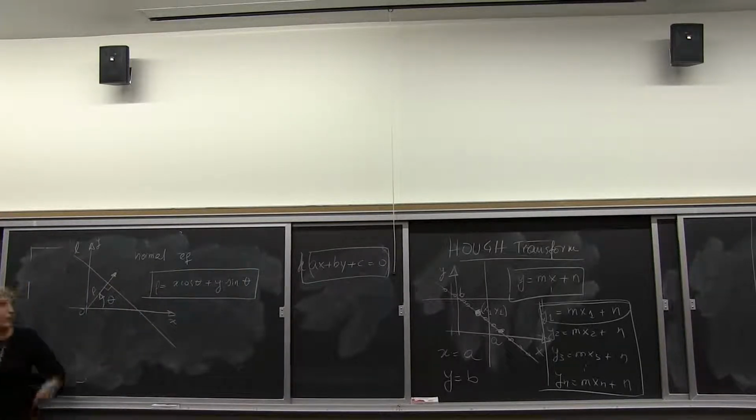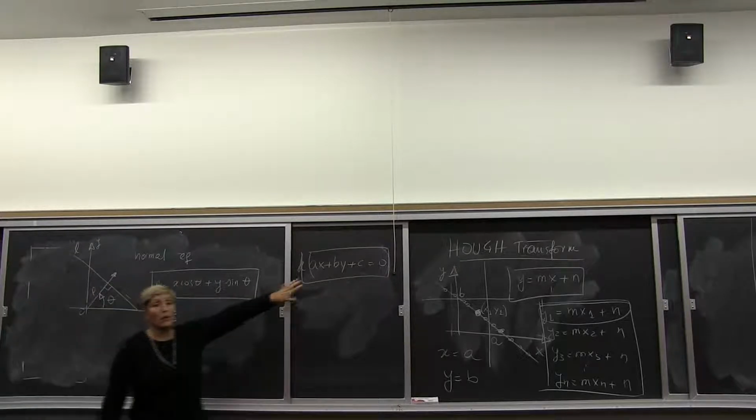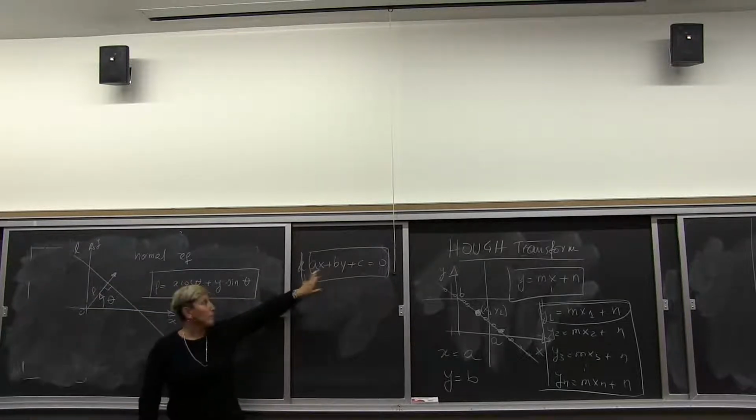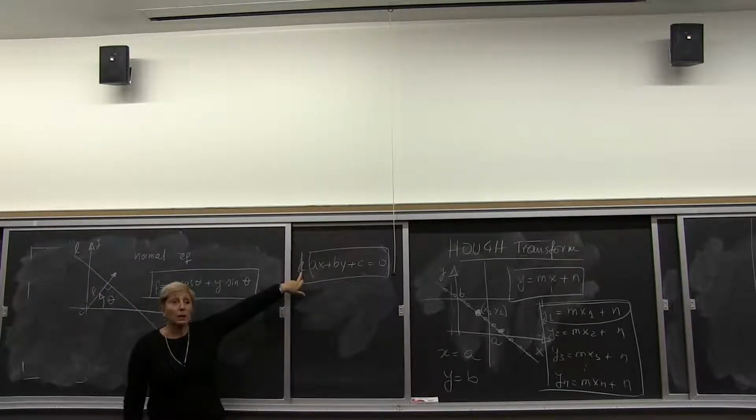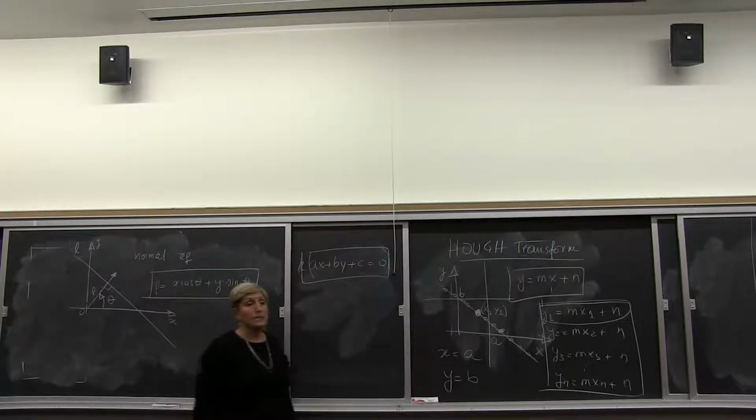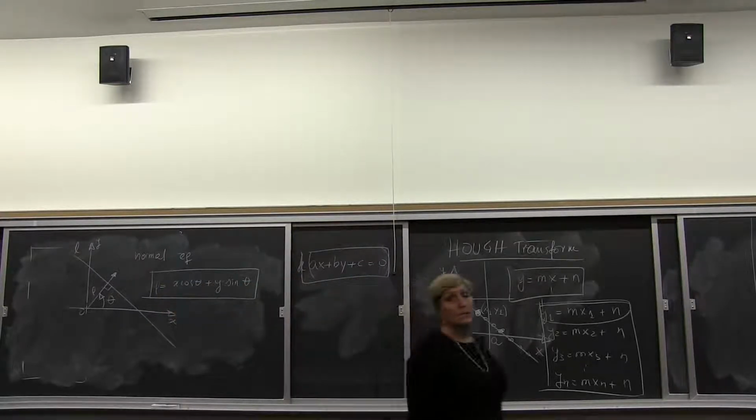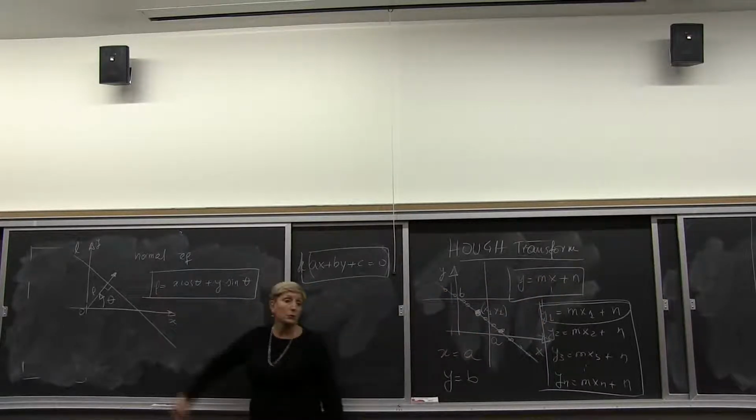Okay? What I'm saying is this equation and this equation are the same, where I have picked a particular constant k. What is the constant k I picked? No, c ended up being rho, minus rho actually.